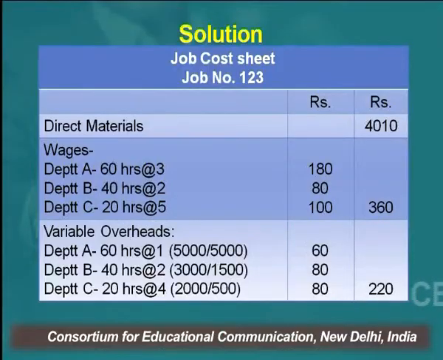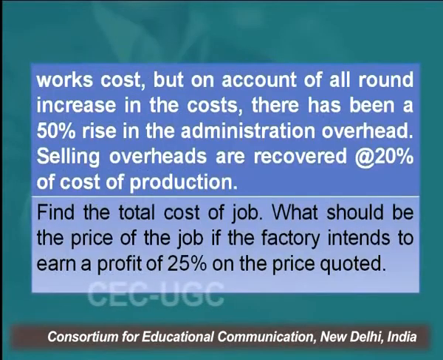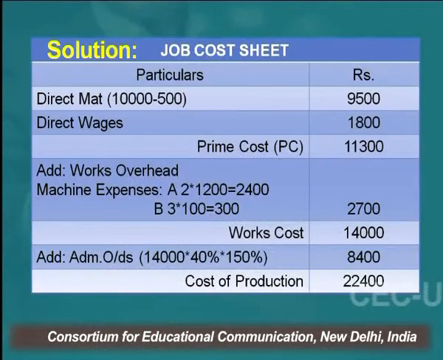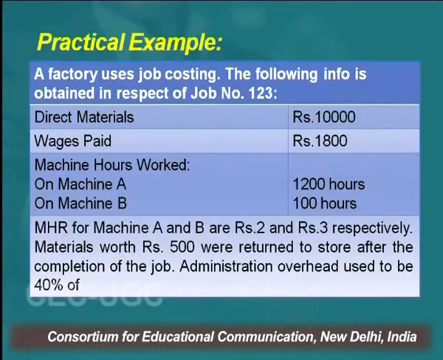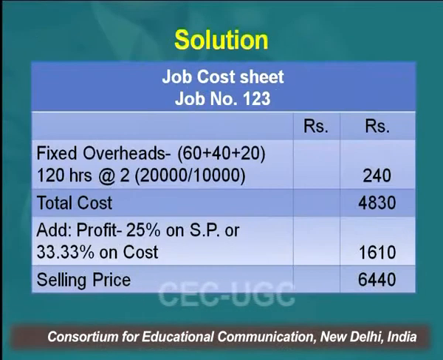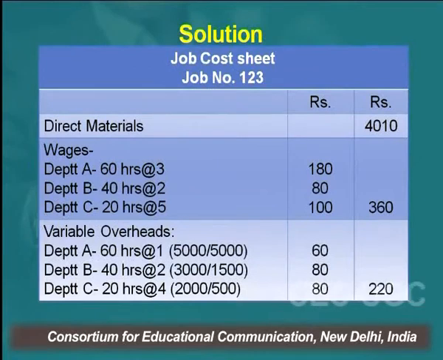So this is the direct material cost. Direct material cost is 4,010 rupees. So from this I have taken the direct material cost.